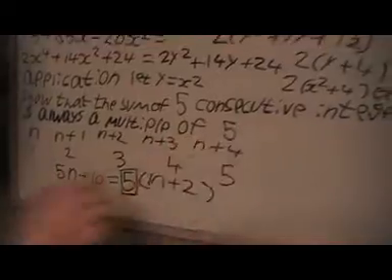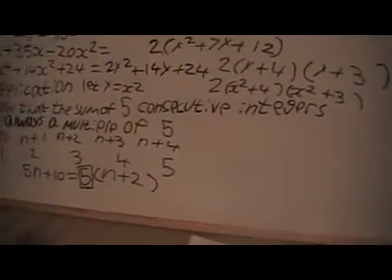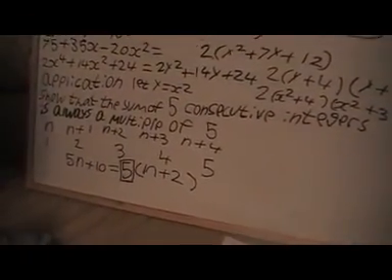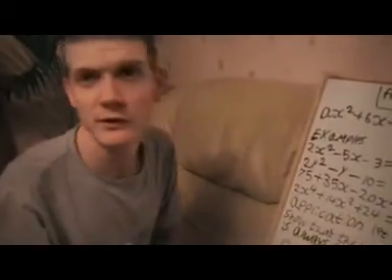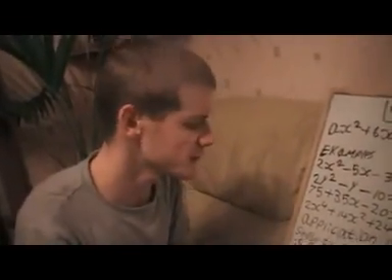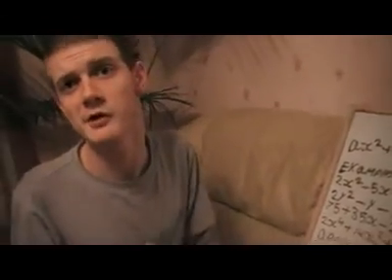So that proves that the sum of any 5 consecutive integers is a multiple of 5. And you can actually check that, and you'll see if you choose any 5, the number you get will be a multiple of 5.